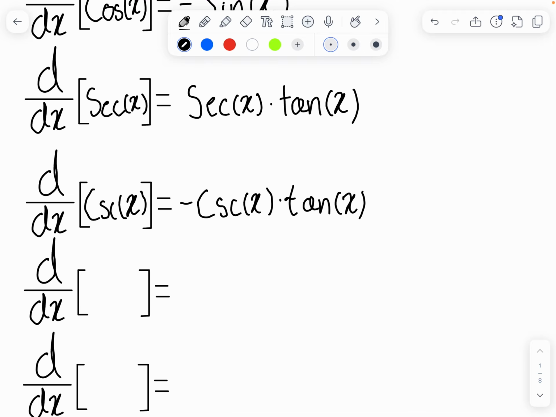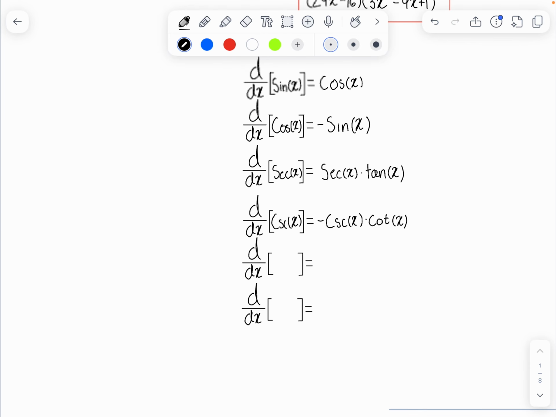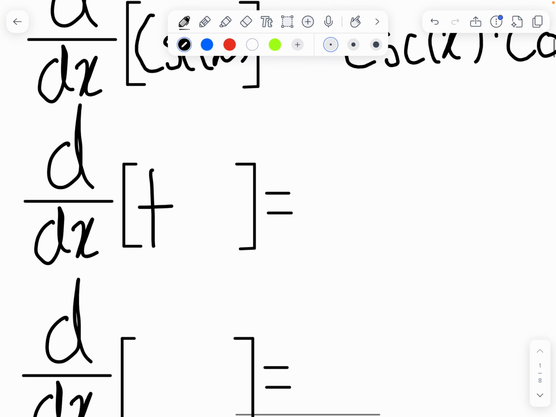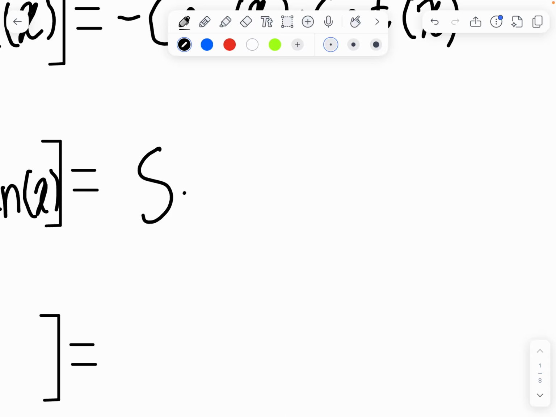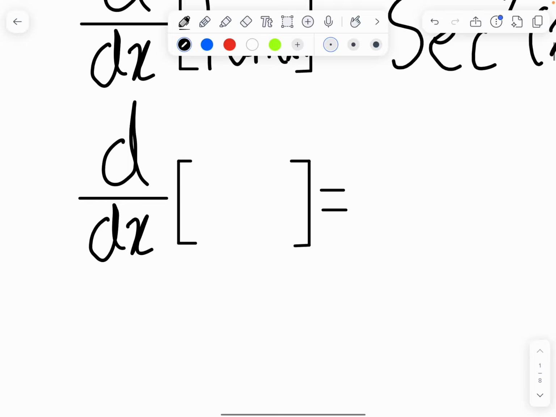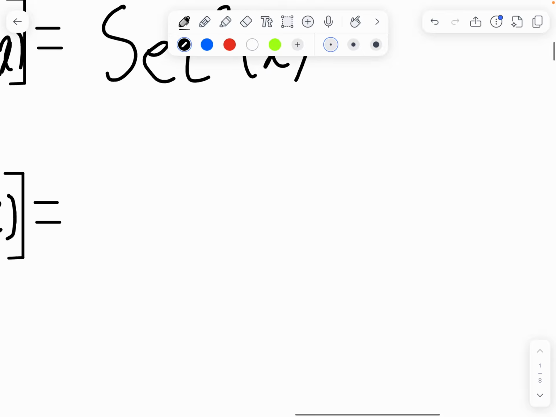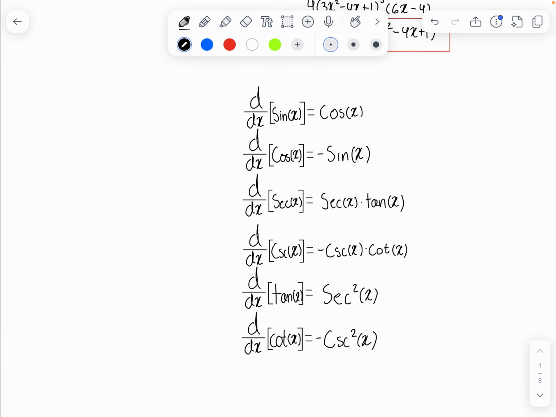Oh no, sorry, it's not tangent x, it's cot x. The derivative of tangent x is equal to secant squared x. And the derivative of cot x, cotangent x, is equal to negative cosecant squared x. So those are the trig derivatives that you need to memorize. So let's get started on our first question.